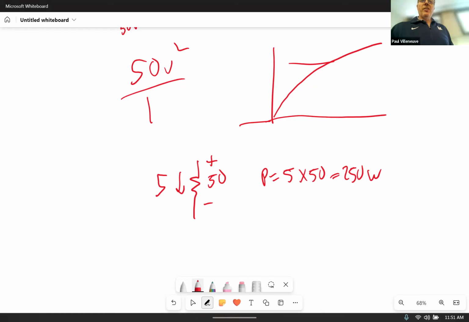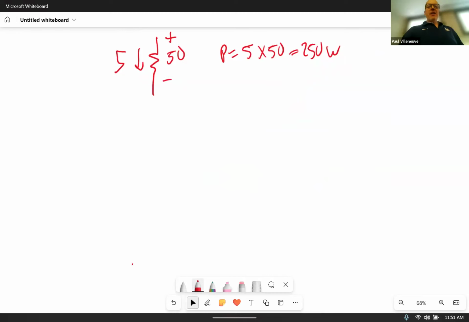Because what you're assuming is the power supply is doing this. The power supply is non-linear. It is at 50 volts, but it can't drive whatever current that would be for 50 volts. It is over here. It is oversaturated. You're trying to pull too much power. So this is the power supply.